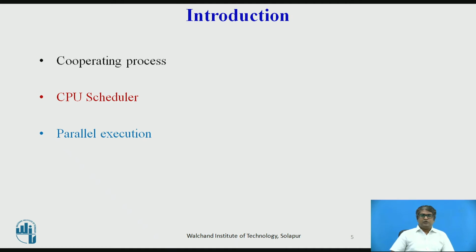The former case is achieved through the use of threads. The concurrent access to shared data may result in data inconsistency. However, in this particular session, we will discuss orderly execution of cooperating processes that share a logical address space so that data consistency is maintained.